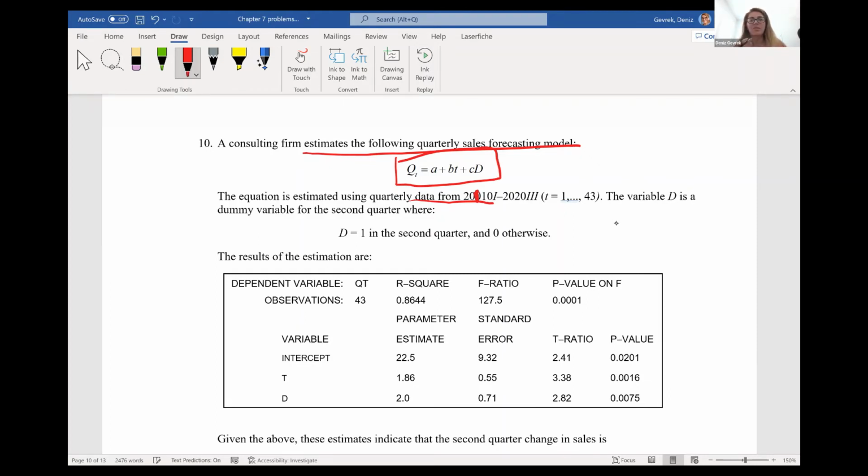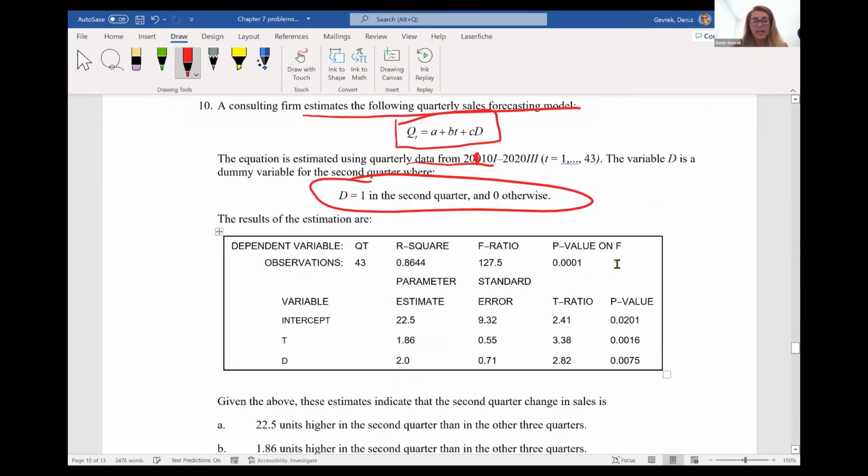Beer consumption goes up during summer. And gym memberships go up in the first quarter of the year, every year. So we include a dummy variable because something's going on in the second quarter that's different from other quarters.